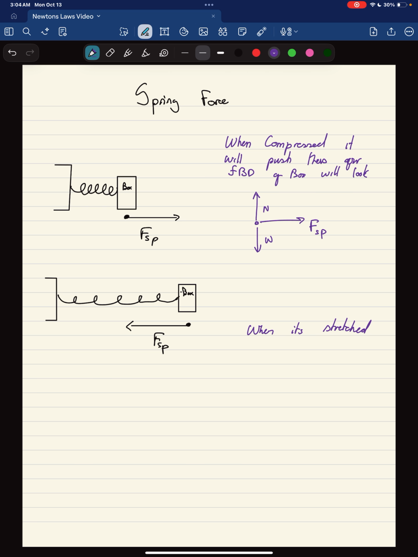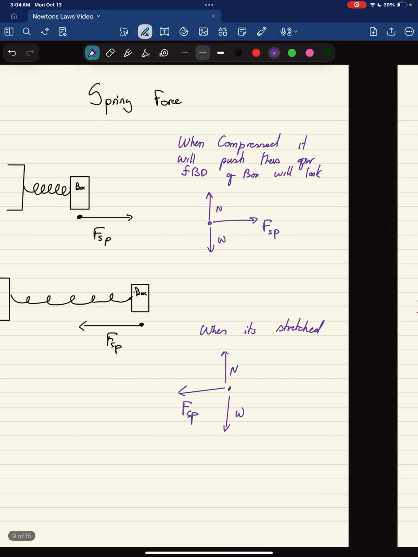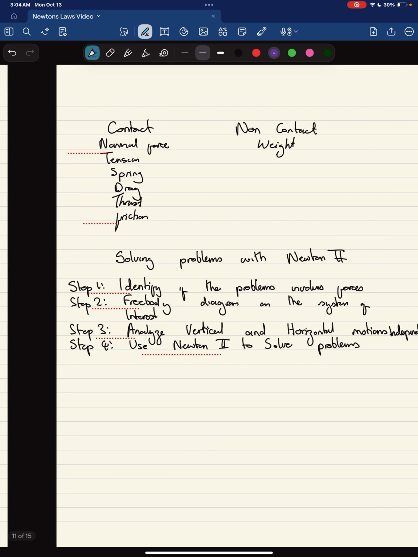It gets pulled back to kind of where it was. So initially, if I have my Newtonian model right there, we would have a spring force going towards the left direction on the free body diagram.